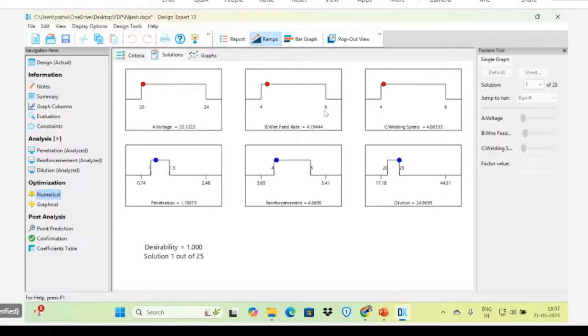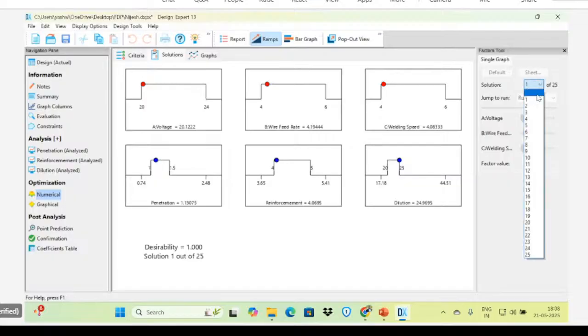So while keeping these input parameters, we will again go for a confirmation test, and we will be getting the output by this or around this. It should not be a major difference between this output and your output. So that is the confirmation test we have to do at the last.